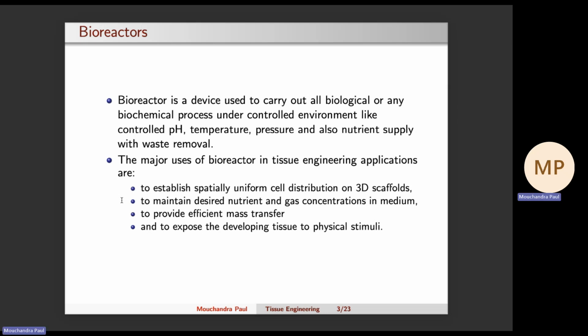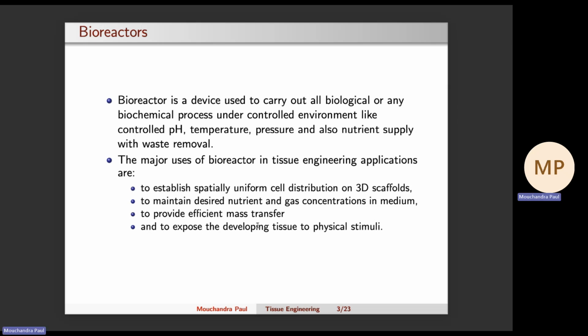And for other examples, like better maturation of your tissue, better media and nutrient transport. So it's the same thing written here. Establish spatially uniform cell distribution on a 3D scaffold. This goal can be achieved when you use a bioreactor. Then you can also maintain the desired nutrient and gas concentration in the medium.